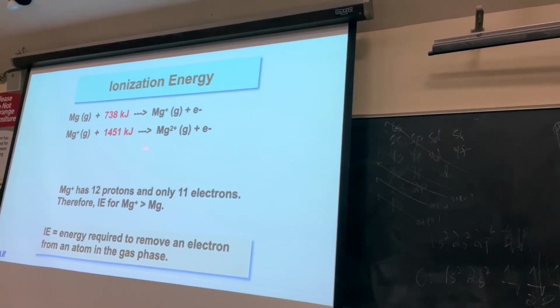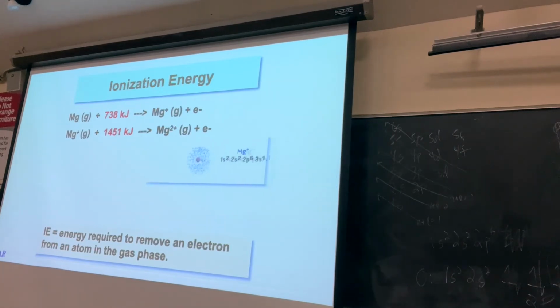So the energy cost has gone up. Removing the second electron requires more energy, 1,451 kilojoules per mole. If you add these two numbers together, it's roughly 2,100 to 2,200 kilojoules per mole, which is a lot of energy, but it is an energy which is doable, all right?